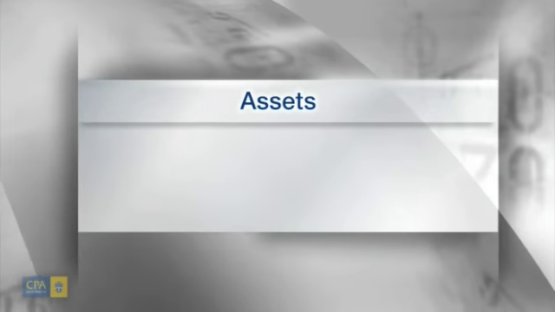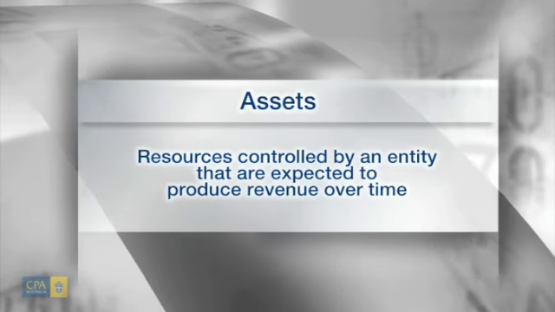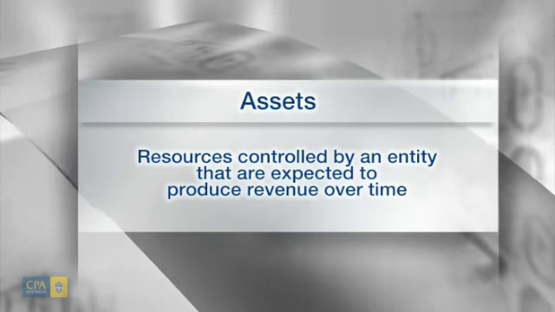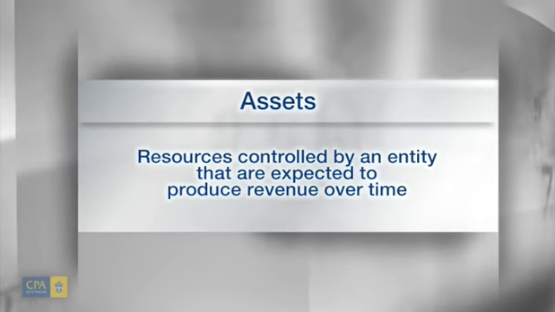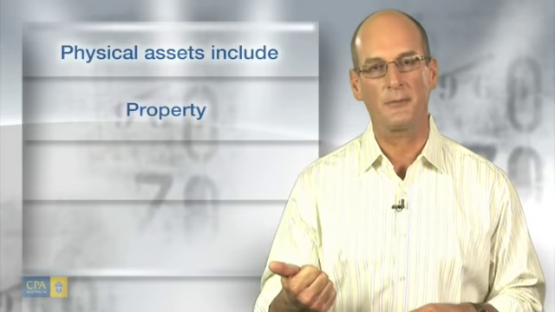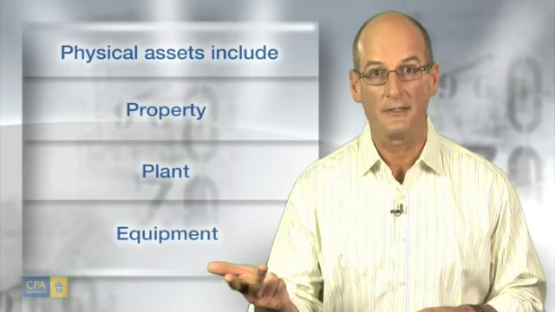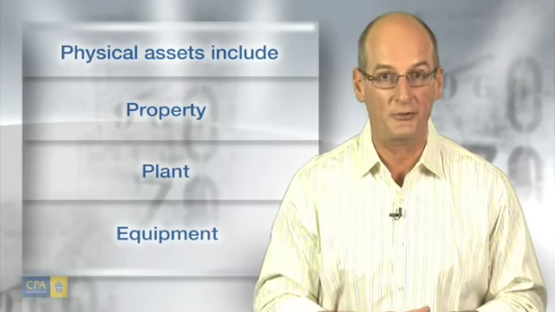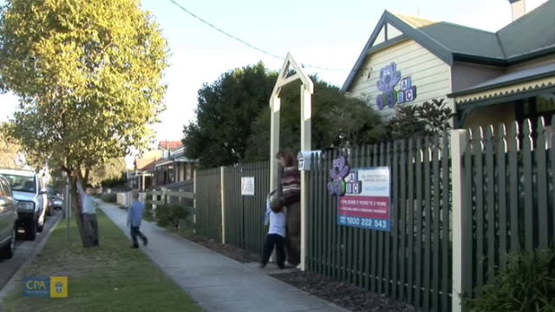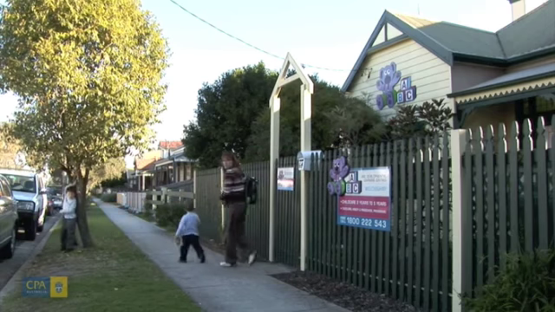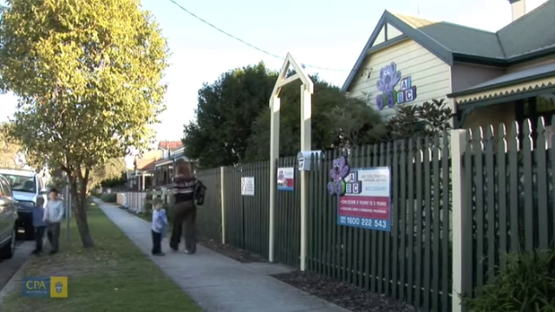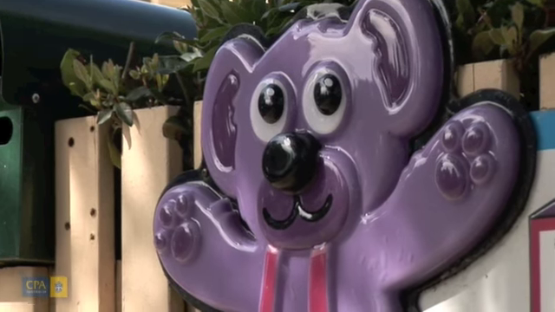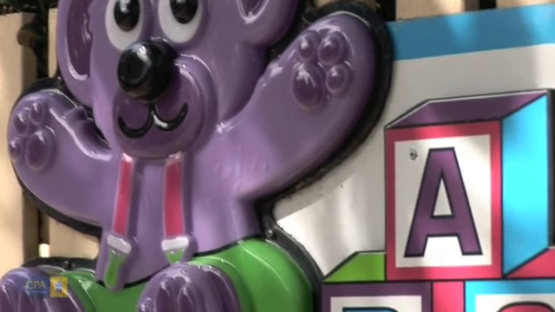Put simply, assets are resources controlled by an entity that are expected to produce revenue over time. Physical assets include things like the property, plant and equipment an organisation uses to produce revenue. In ABC Learning's case, its main physical assets were the childcare centres it bought from other childcare centre operators.